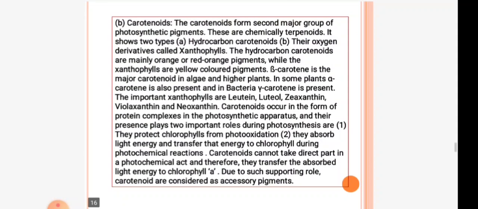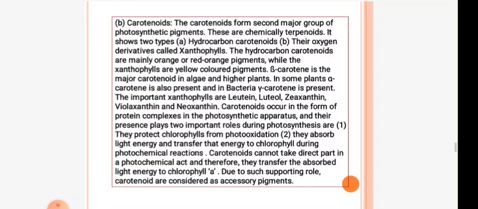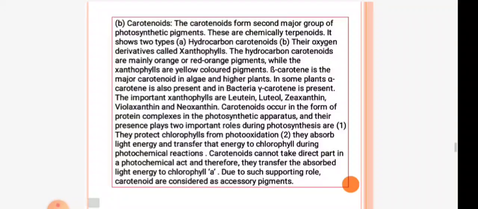In this slide, we will study about carotenoids. The carotenoids form the second major group of the photosynthetic pigment, which are chemically terpenoids. It shows two types, hydrocarbon carotenoids and their oxygen derivatives xanthophylls. The hydrocarbon carotenoids are orange or red orange pigments and xanthophylls are yellow colored pigments.